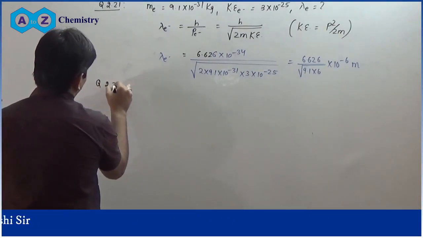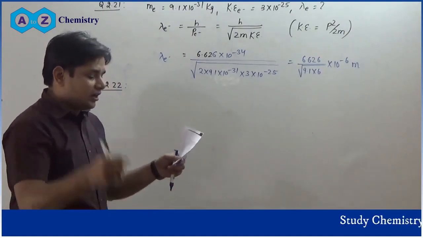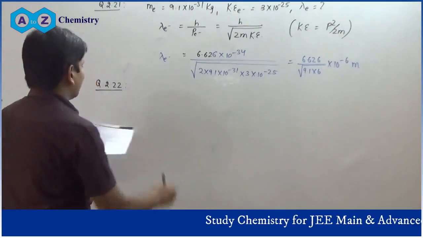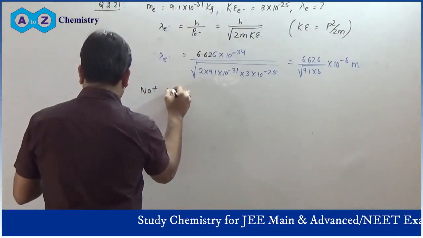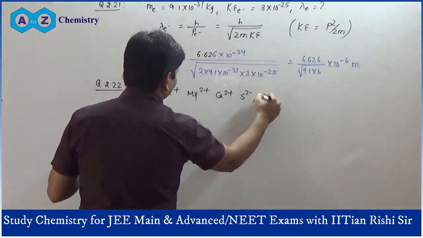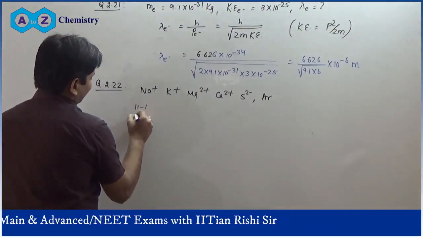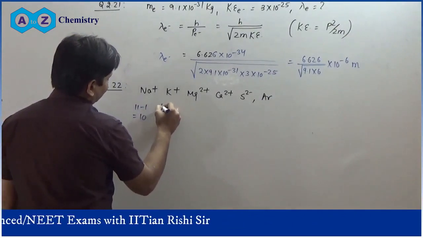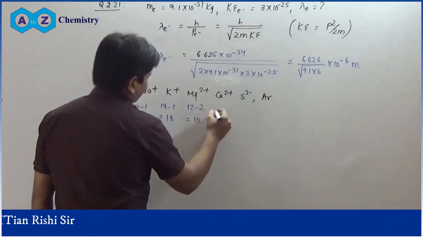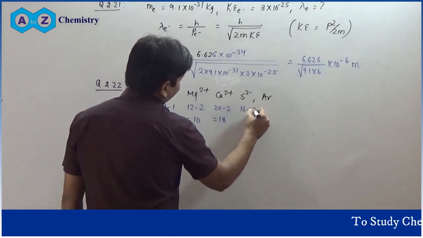Question number 2.22. Among the following, which are isoelectronic species having the same number of electrons? Given: Na+, K+, Mg2+, Ca2+, S2-, and argon. We have to calculate the number of electrons. 11 minus 1 is 10. 19 minus 1 is 18. 12 minus 2 is 10. 20 minus 2 is 18. 16 plus 2 is 18.